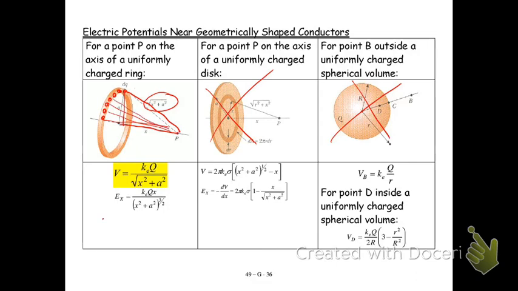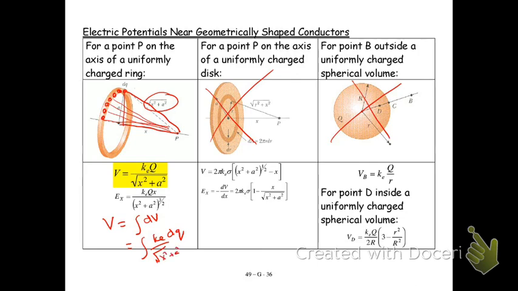So say my total voltage is equal to the integral of all the little bits of voltage, then it's basically the integral of KE dq over the square root of x squared plus a squared.